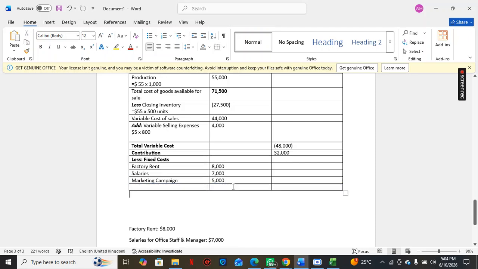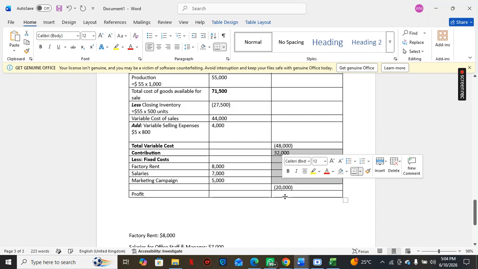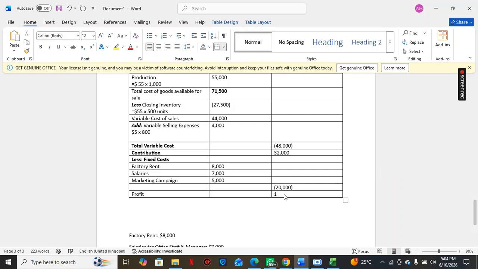So the total fixed costs, 8,000 plus 7,000 plus 5,000, is 20,000. These are the total fixed costs. So our profit is going to be the contribution 32,000 minus the fixed costs 20,000. That will give us $12,000. That is the profit.